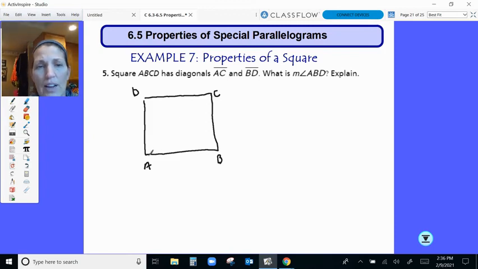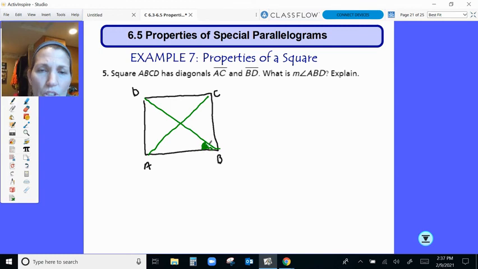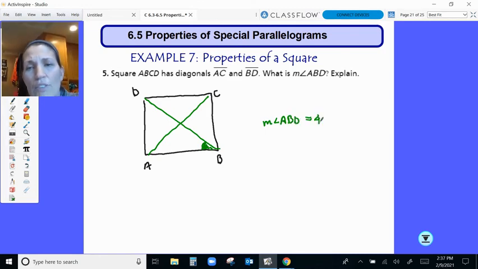AC should line up, and BD should line up. So what's the measure of angle ABD right here? Well, we know that squares have 90-degree angles, so that should be half of that because it gets bisected. So the measure of angle ABD is going to be 45 degrees, which is 1/2 of that angle because it gets bisected by its diagonal.